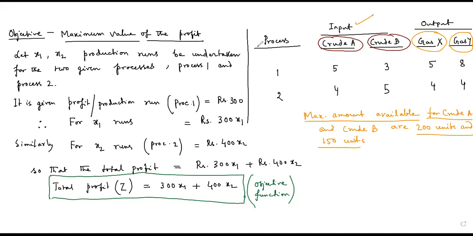Now, if you want to build the constraint, your production run is based upon the number of production runs you are going to play, X1 and X2.